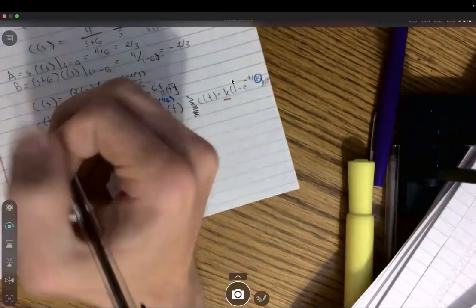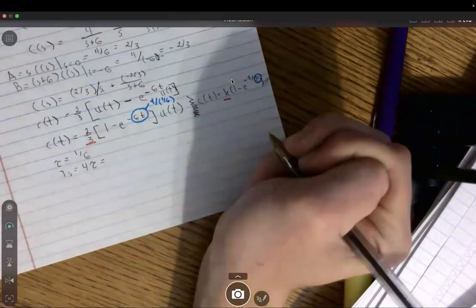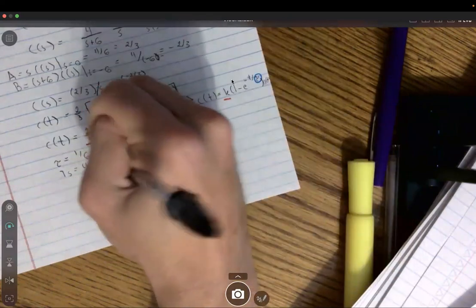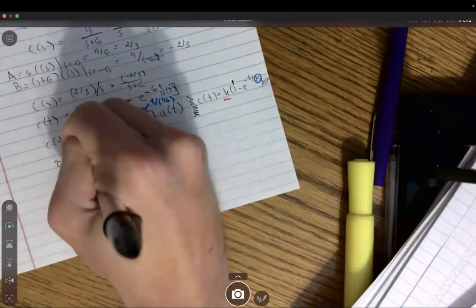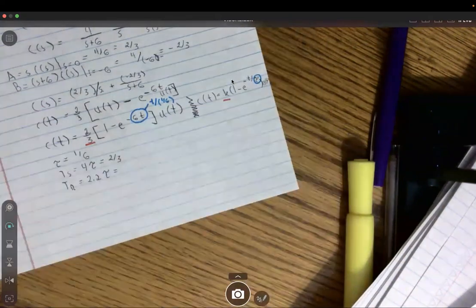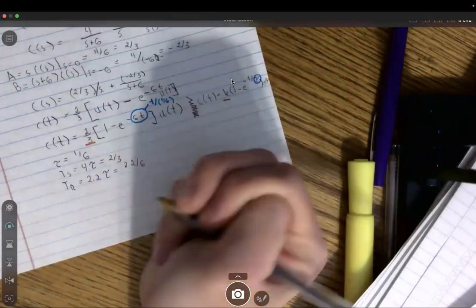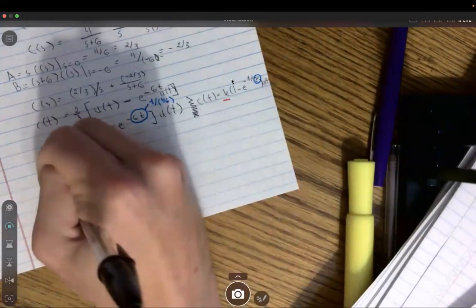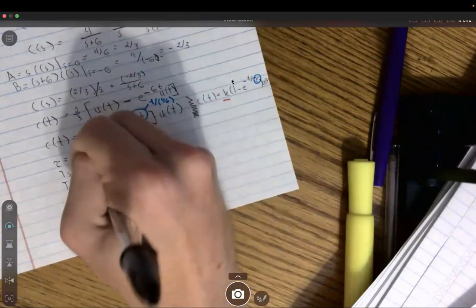Then your settling time is equal to 4 tau, which is 4/6, which is just 2/3. Your rise time is equal to 2.2 tau, so 2.2 times 1/6, about 2.2/6, and you can plug that into your calculator. Your K value, so your final value, is equal to 2/3.